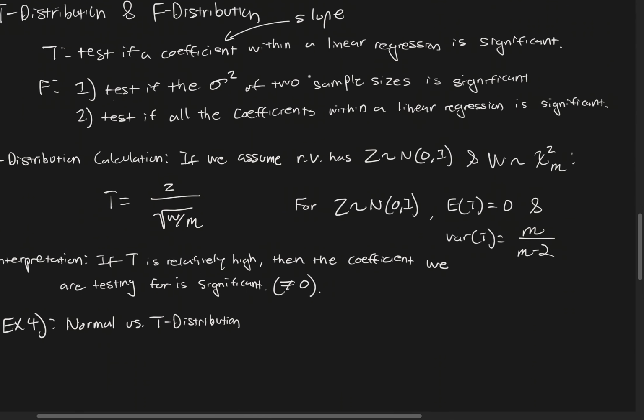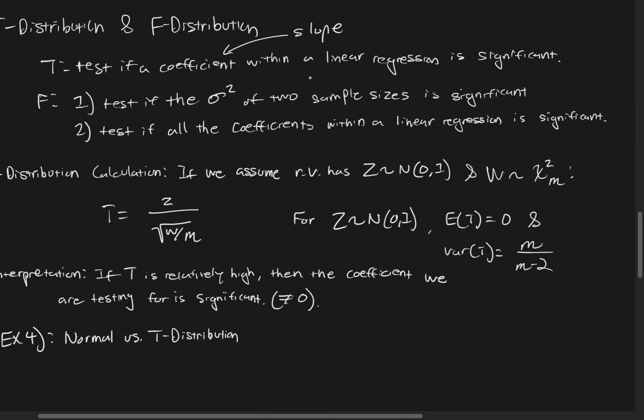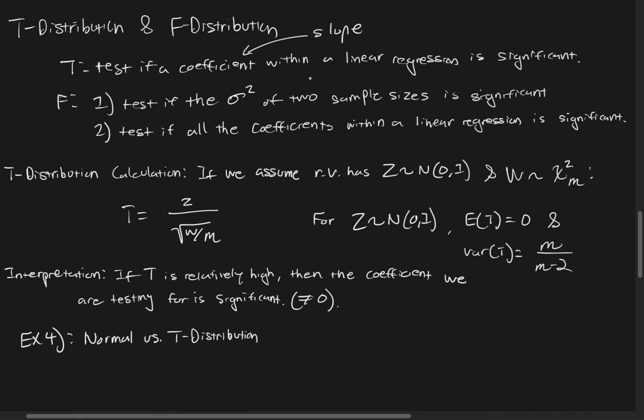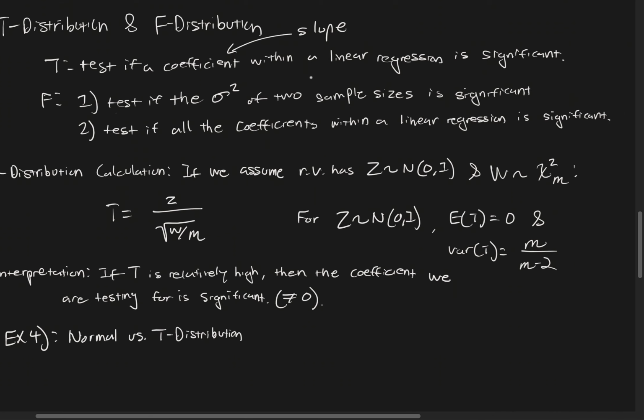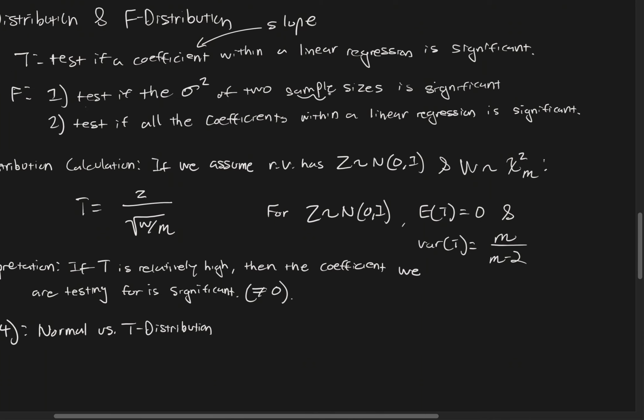So the F distribution, compared to the t-distribution, more often than not we're testing for multiple variables. So we're using 2 sample sizes, so that we can test if the variance of the 2 samples is significant.